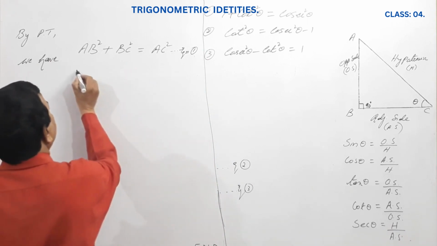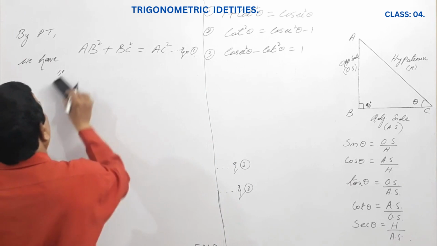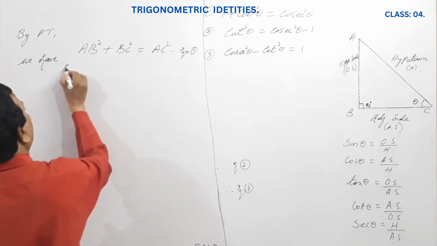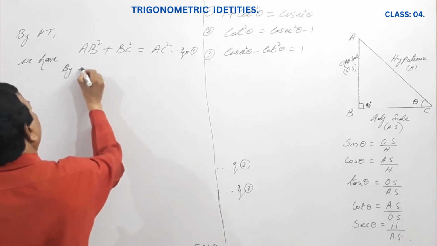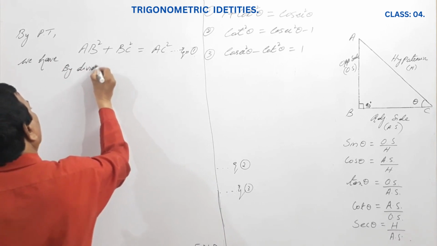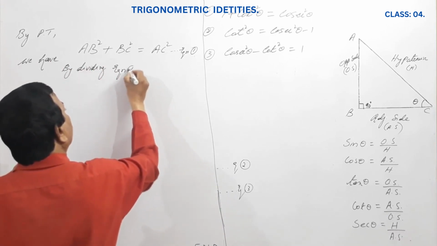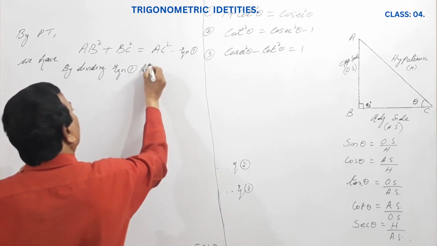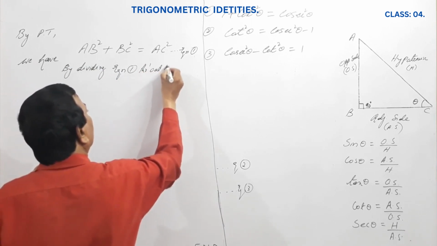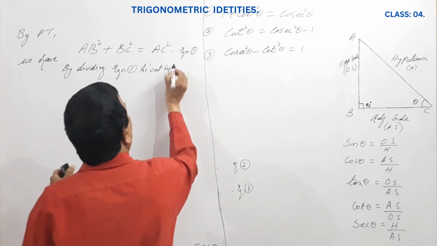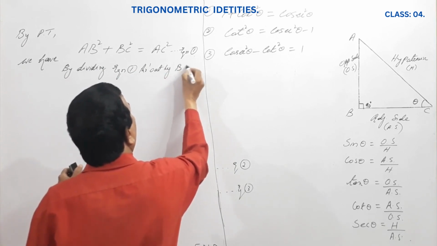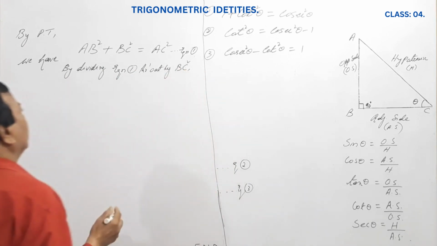So, I will write by dividing equation 1 throughout by BC square.